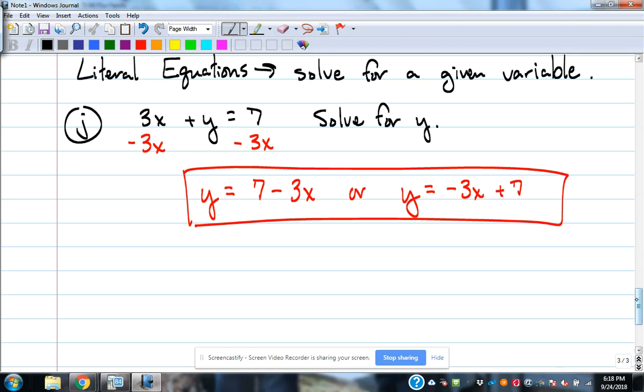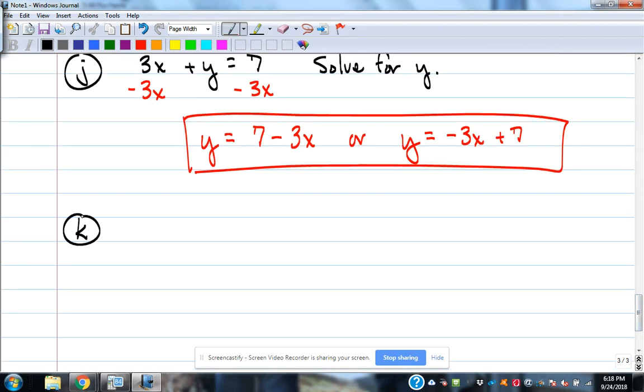Let's do another one. Let's do one that's got a little bit more work to it. All right. 5x plus 4y is equal to negative 16. And I want to solve this for y.